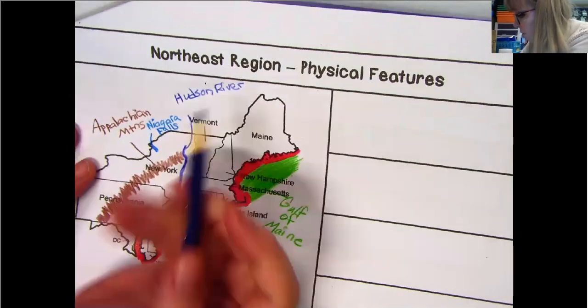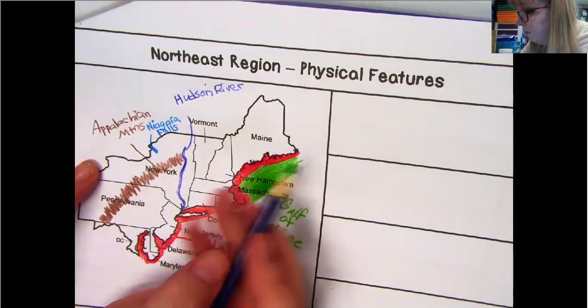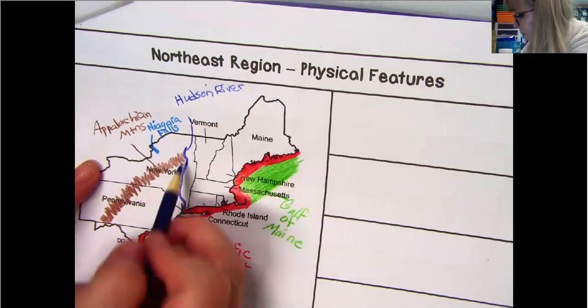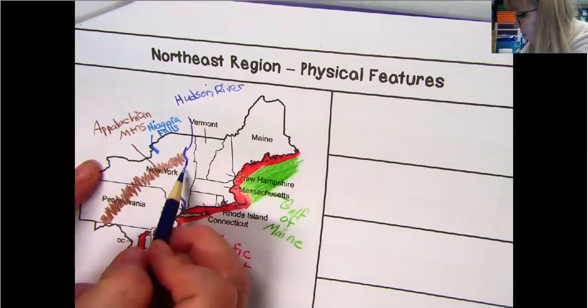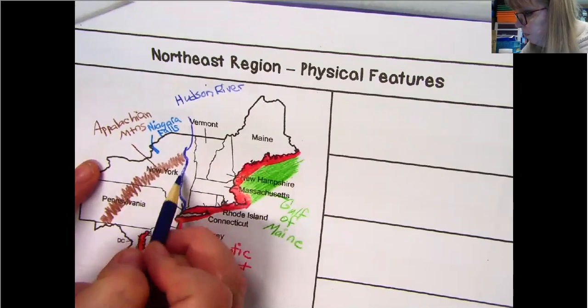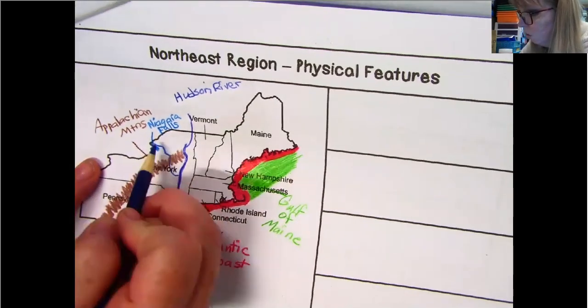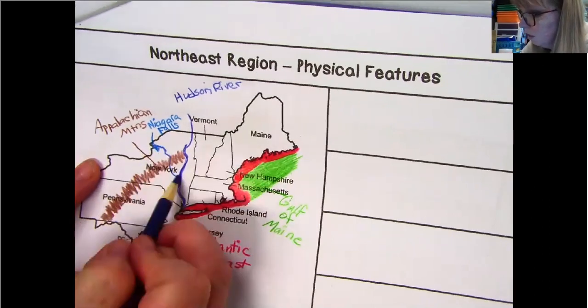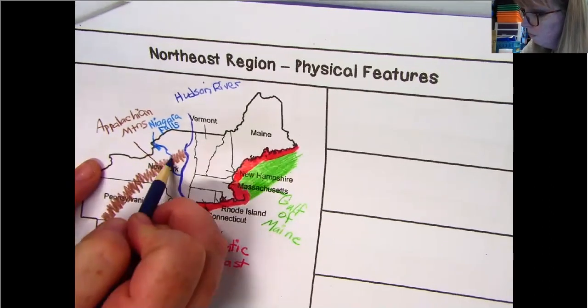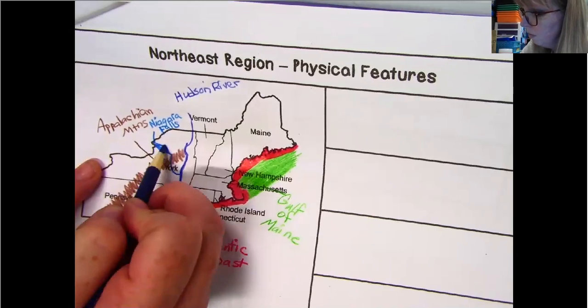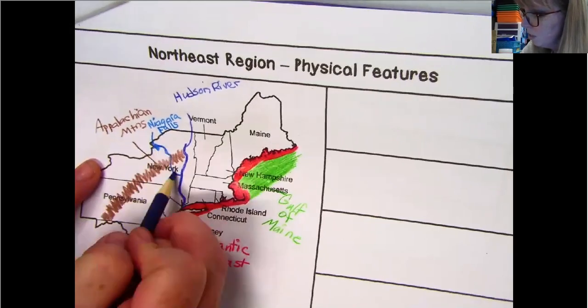Then we're going to draw Erie Canal. It goes from down here and connects and goes across Niagara Falls to the edge of New York State.